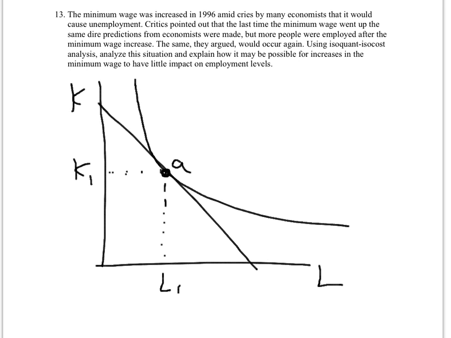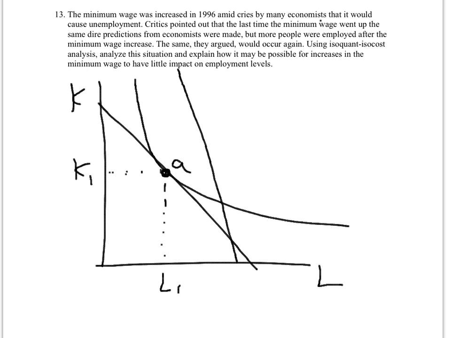They will actually produce somewhere to the left of that point. They will use less labor and less capital. But the problem is that in the short term, they might not be able to replace labor with capital because capital is expensive. In the short term, they might have to continue to use the same labor. But labor is more expensive, so the company is probably not going to be able to lower the cost.